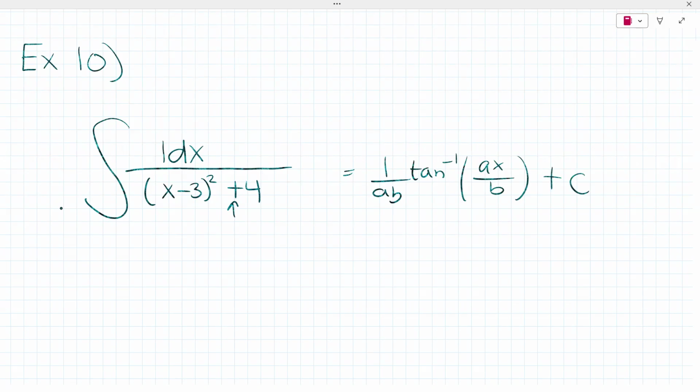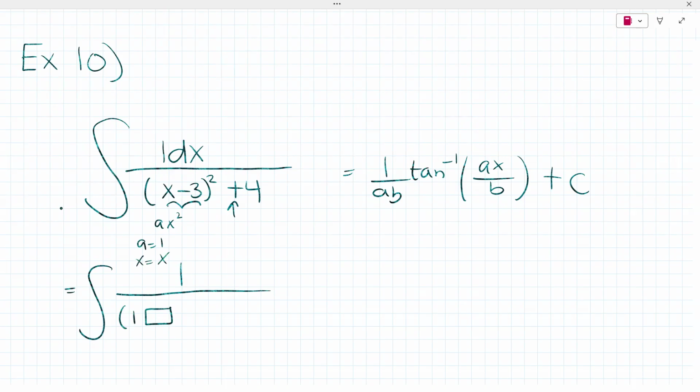Okay, so we'll rewrite this as the integration of 1 over, careful, I think our a is still 1, and I believe this whole thing is your x. So remember it's ax squared. So our a is 1, so it's going to be 1 and then our x squared. Our x is the x plus 3. I mean x minus 3.